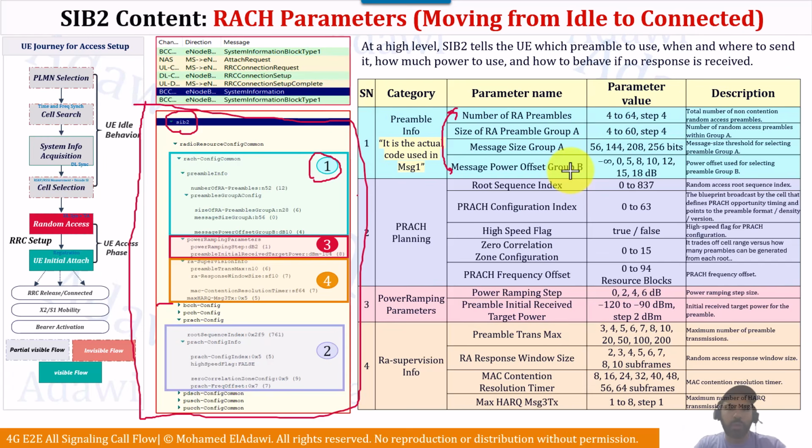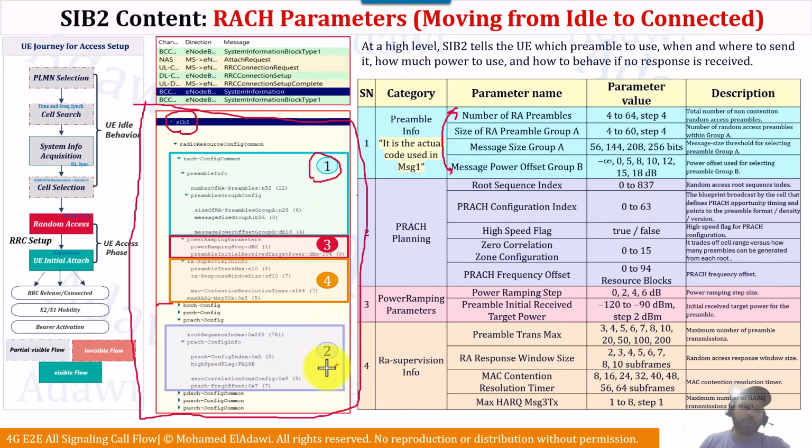This will be discussed in more detail later on. But the first category of parameters answers the question of which preamble the user can use, either 0 or 63 or whatever, and what kind of ranges are allowed for this particular user. So it gives him a set of allowed preambles with some criteria so the user can do the calculation and then select the particular preamble.